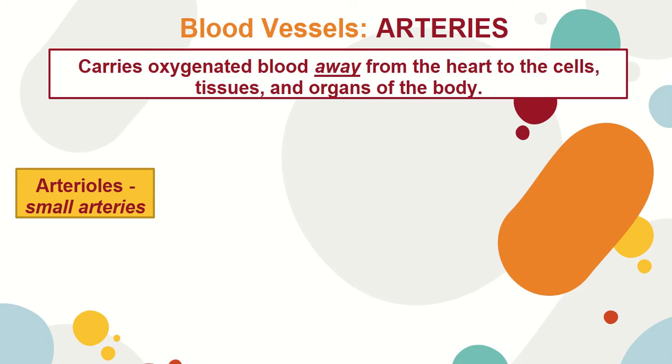Now let's talk about arteries. Arteries are blood vessels made of thick, elastic layers of smooth muscle and connective tissue, and they do not contain valves. About 30% of the blood in the circulatory system is found in the arteries. Arteries carry oxygenated blood away from the heart to the cells, tissues, and organs of the body.